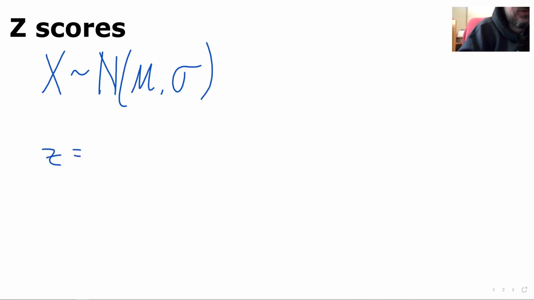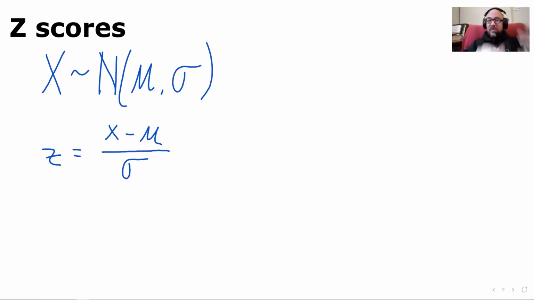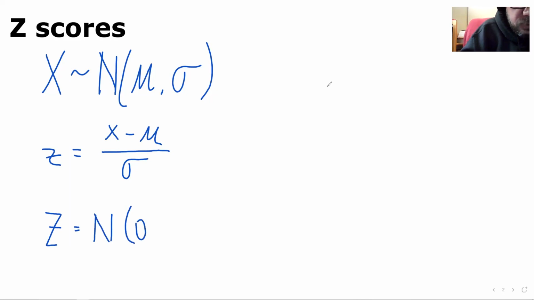Z is equal to (X minus mu) divided by sigma. So notice what we did there. We subtracted off the mean, and then we divided by the standard deviation. So what we're really doing is we're taking the distribution X, and when we find the z-scores of everything, we're turning that into the distribution capital Z, which is N(0,1), also called the standard normal distribution.